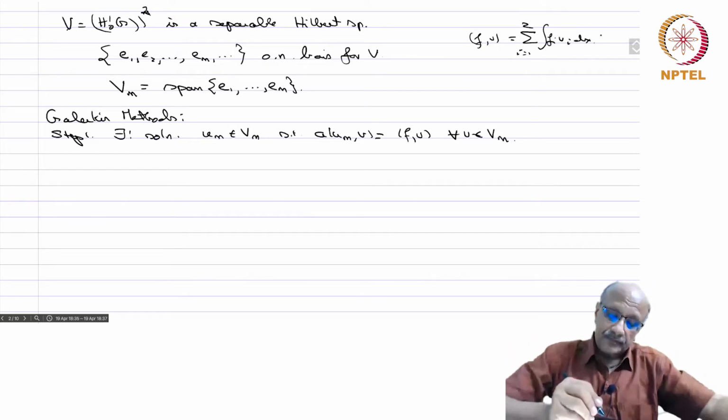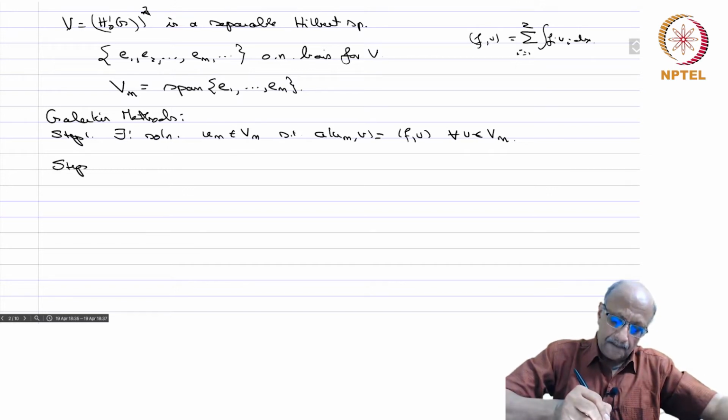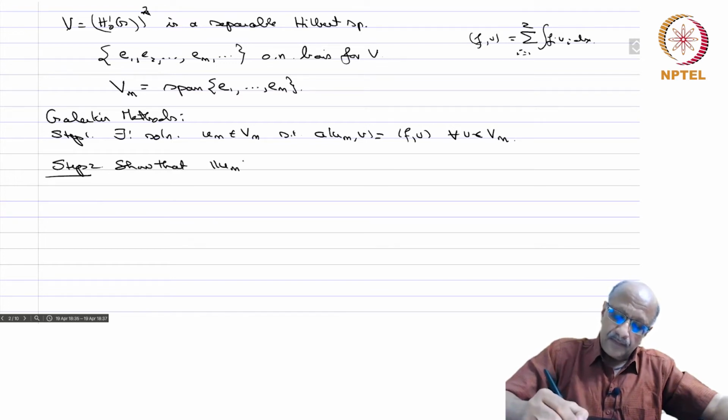Step 2: show that the norm of um is less than or equal to C for all m.